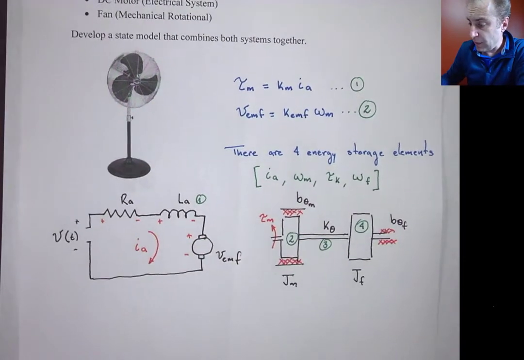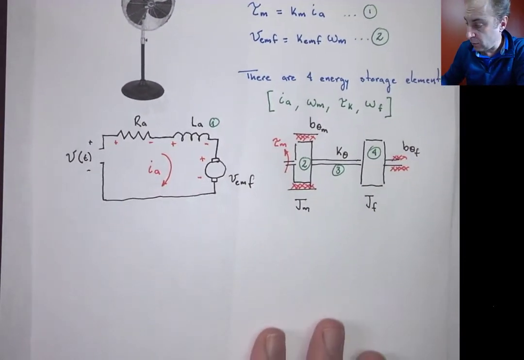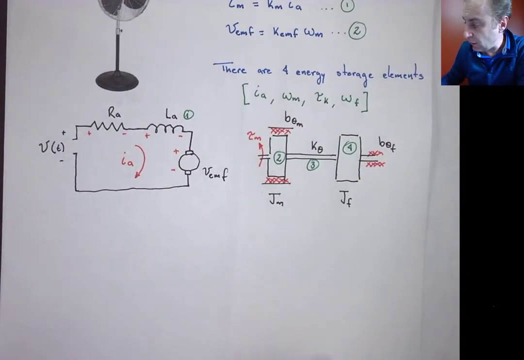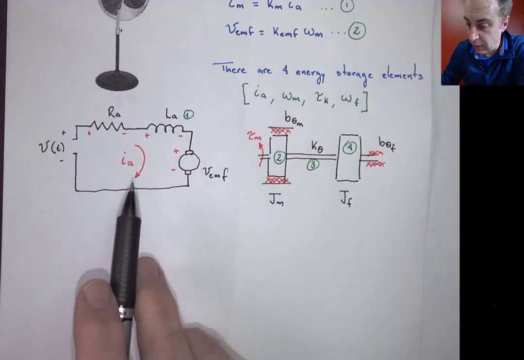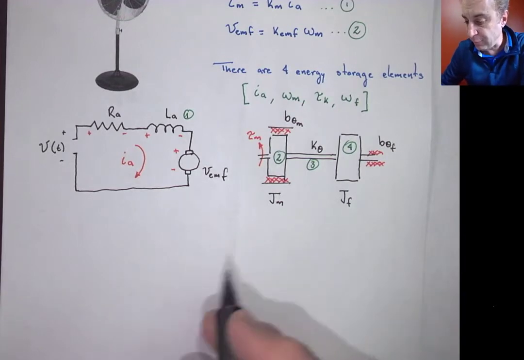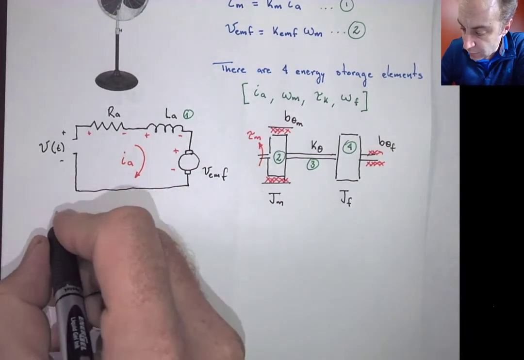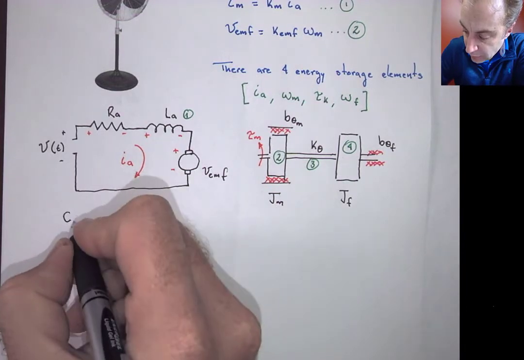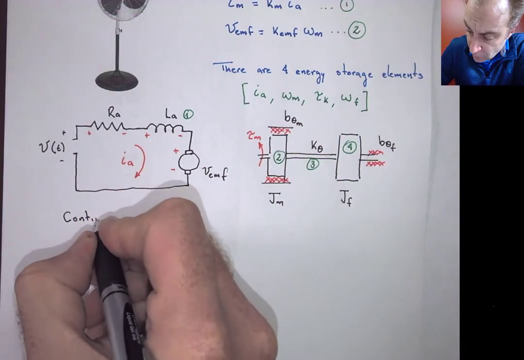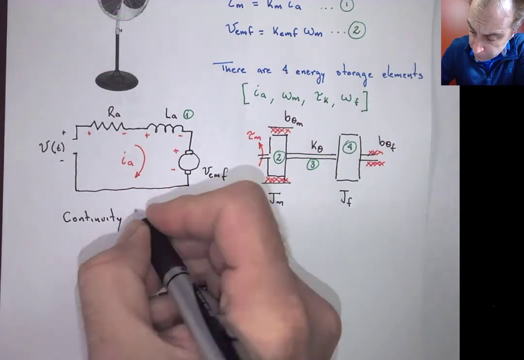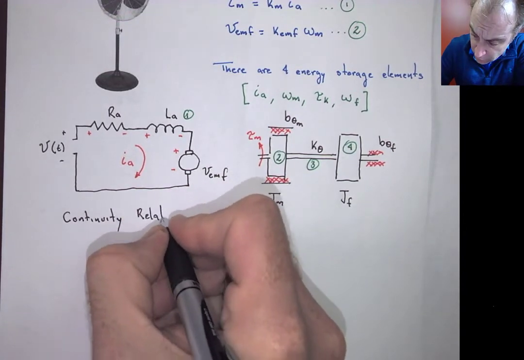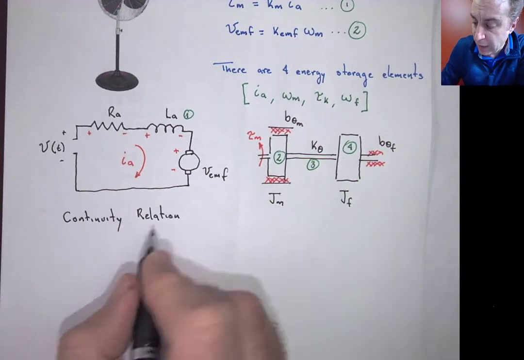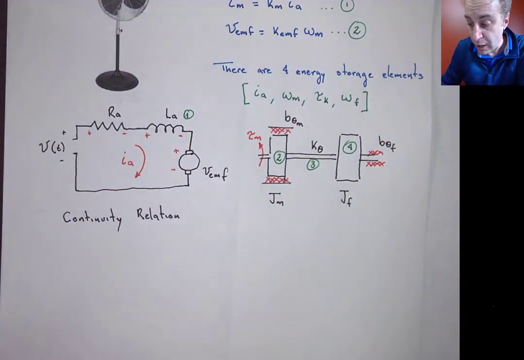So the next step would be to start developing or defining our equations. So I'm going to look at the electric circuit first and define some relationships. So we're going to have the continuity relation. And remember, continuity relation is related to through variables.